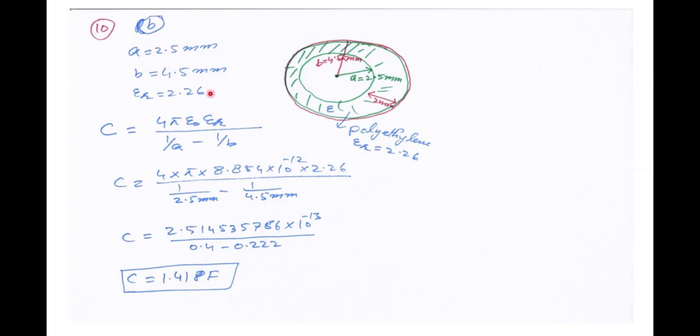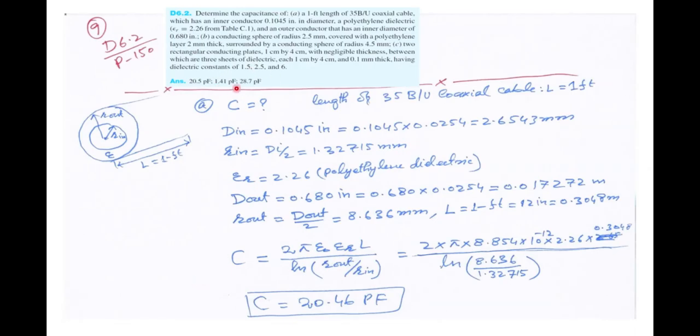So using this data and the expression of the capacitance of concentric spheres, we obtained that the capacitance in between R equal to 2.5 and R equal to 4.5 millimeter is equal to 1.41 picofarad, which exactly matches the answer given in the book on page 150.